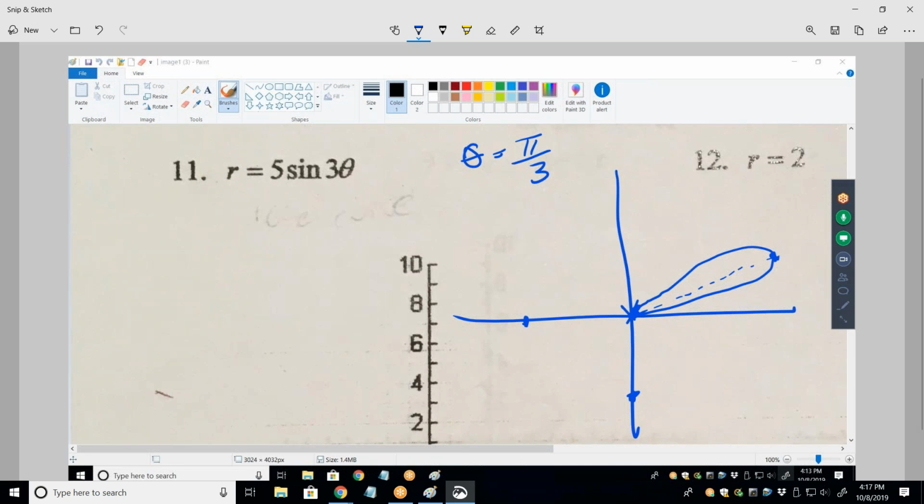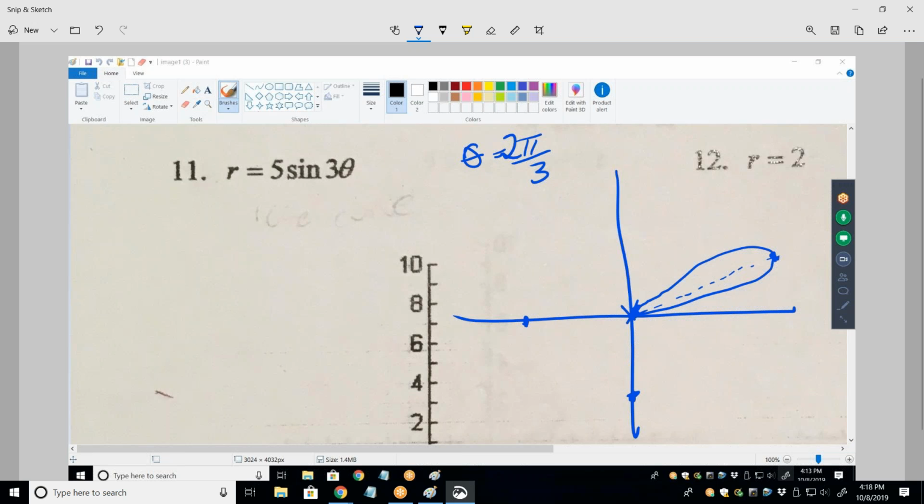Let's see. What is it when theta equals 2 pi over 3? We're going to be back at 0. Let's see. What is it when theta is 90?